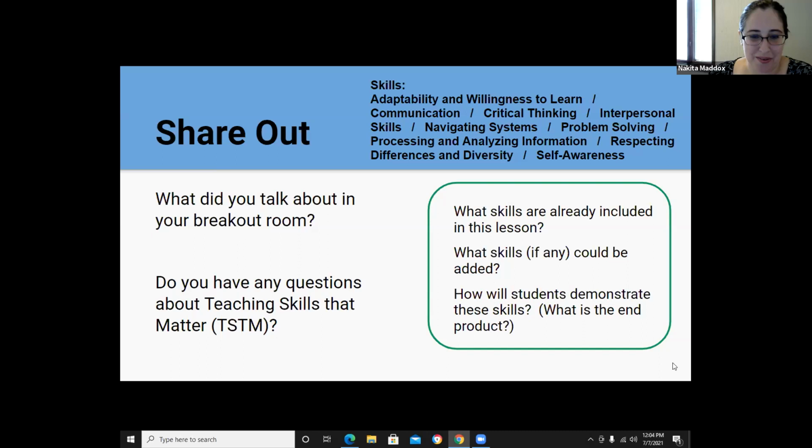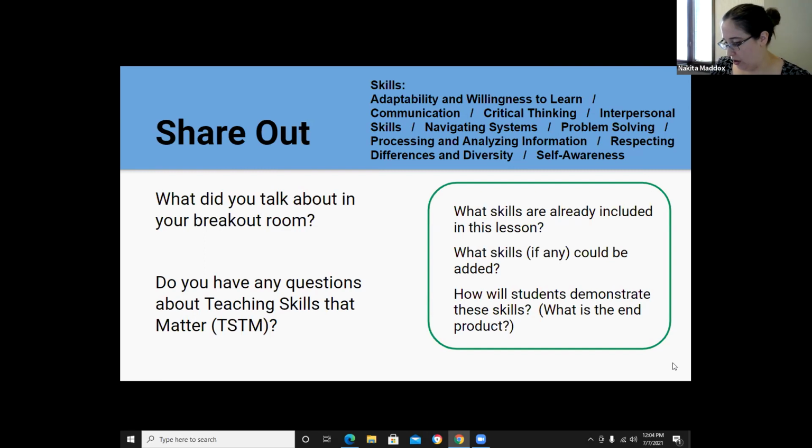Rhoda talked about the importance of vocabulary, making sure that students understand the language before we get into some of these lessons.